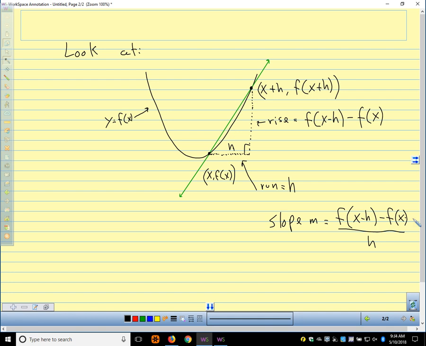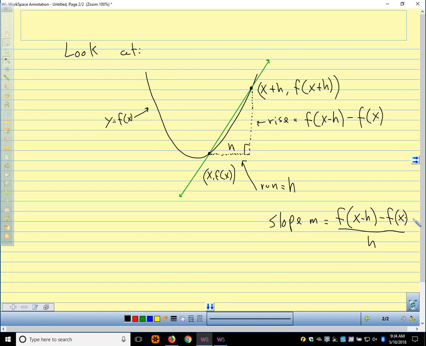So what we want to do is let this point get closer and closer to this point. So in other words, we're letting h get smaller and smaller and smaller. So we're interested in what does the slope get close to as this point gets close to that point.